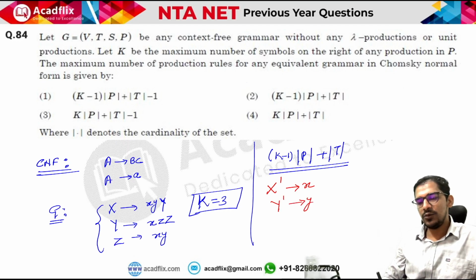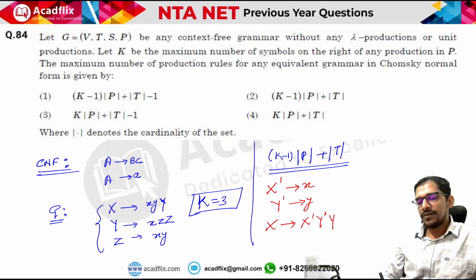Now we can replace x and y with X dash and Y dash, so the new production rules are in CNF form. The first production rule becomes X tends to X dash, Y dash, and Y.